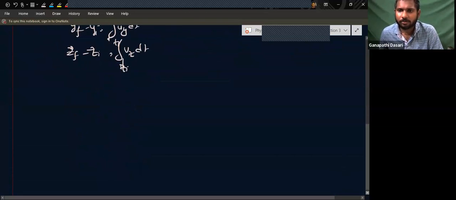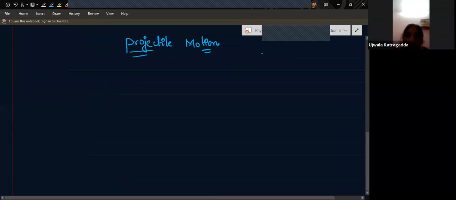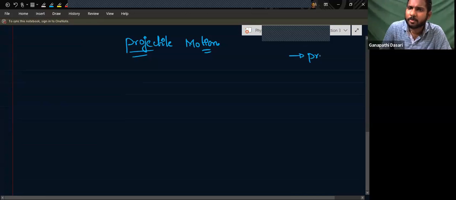Now, the most important part of the extension of 1D motion to 2D is projectile motion. In this 2D, we will study projectile motion first. Later on, we will study relative motion.